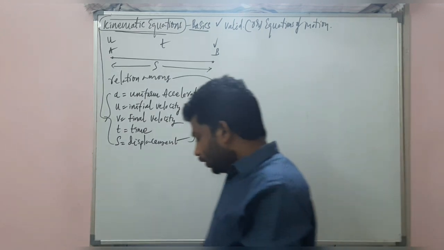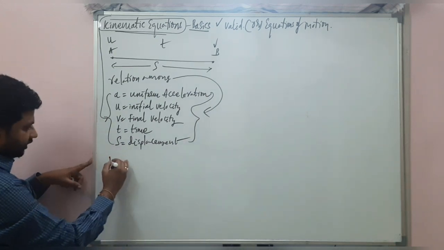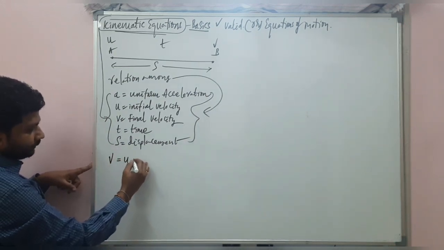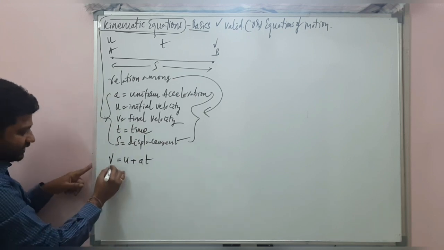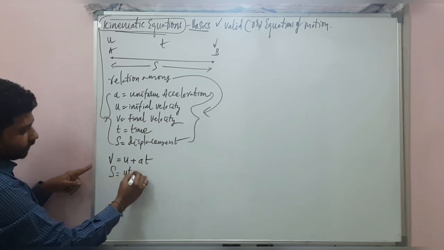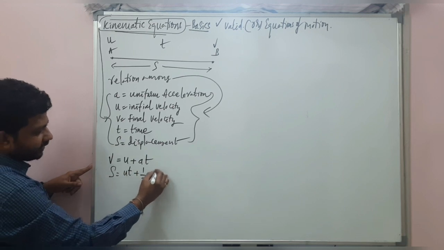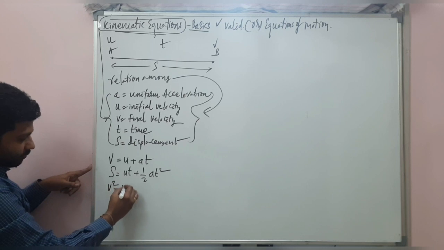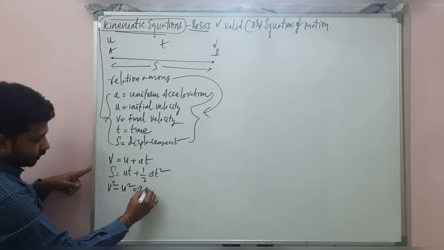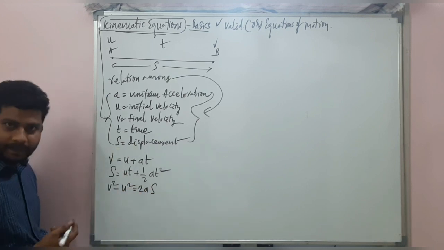So let us write what those are. The first kinematic equation: v is equal to u plus at. The second one: s is equal to ut plus half at square. The third one: v square minus u square is equal to 2as.